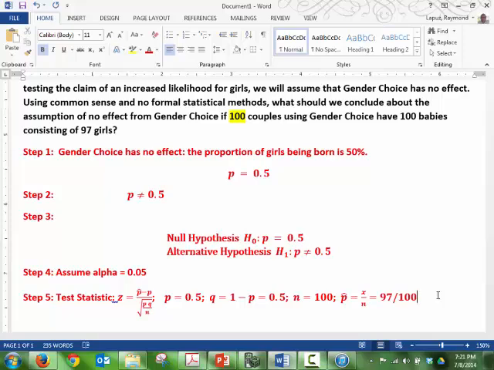How many girls do we have? We had 97 girls. So that's our X. Our N is 100, so our P hat is 97 over 100. Now that we have that, we should be able to fill in this formula, right? Hopefully.